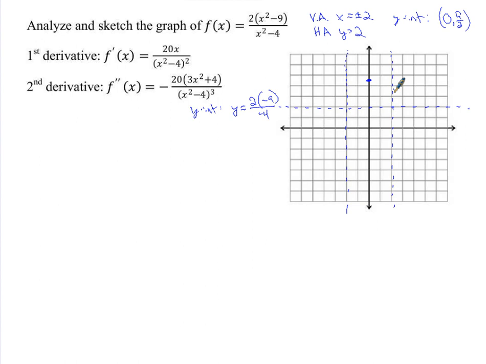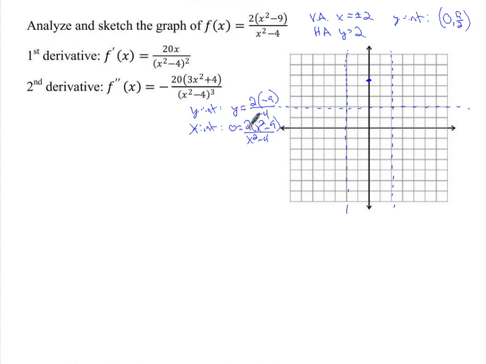For x-intercepts, we need to set y equal to 0. So this time we'll have 0, I'll label it x-intercept, just so that I know what I'm doing. Set y equal to 0 here, so we have 0 equals 2 times x squared minus 9 divided by x squared minus 4. And now we multiply both sides by the denominator, and the denominator disappears.